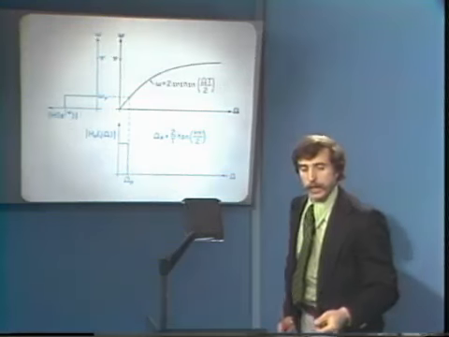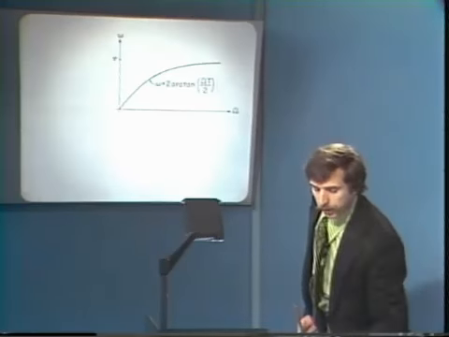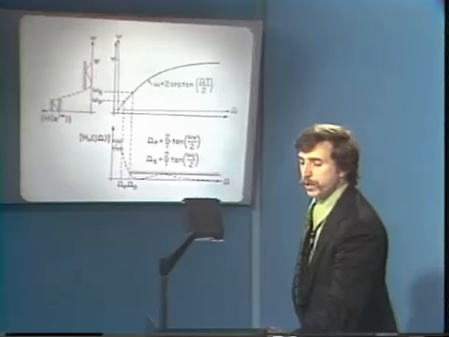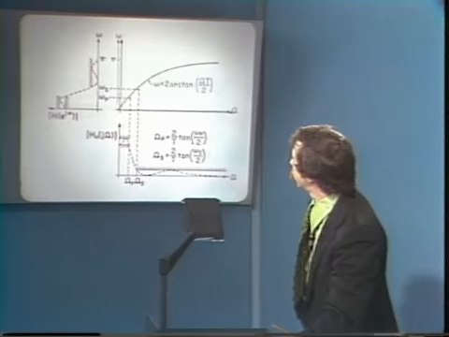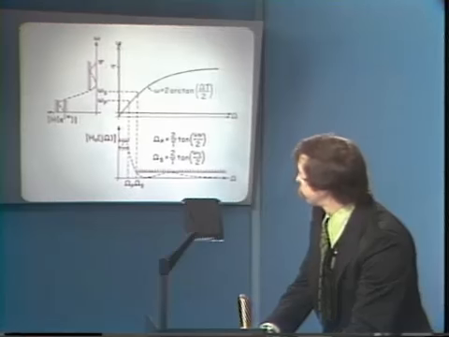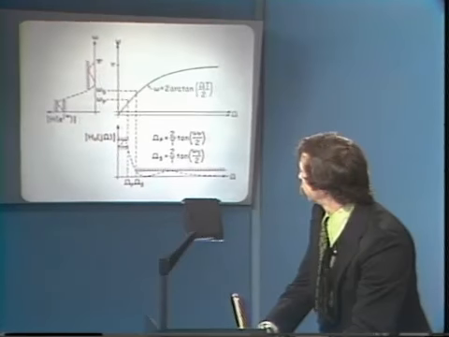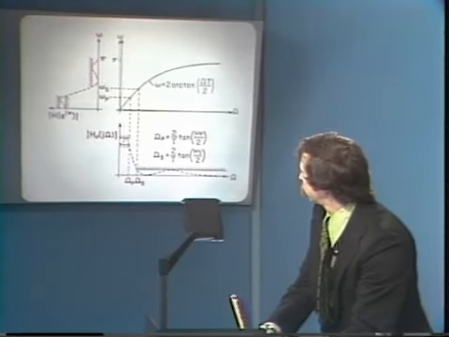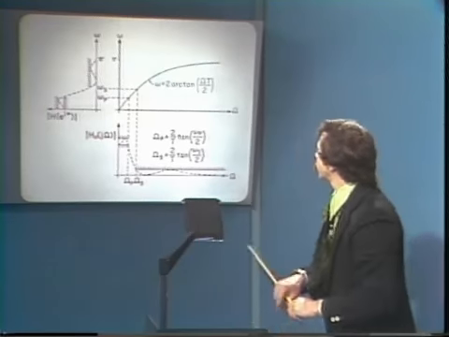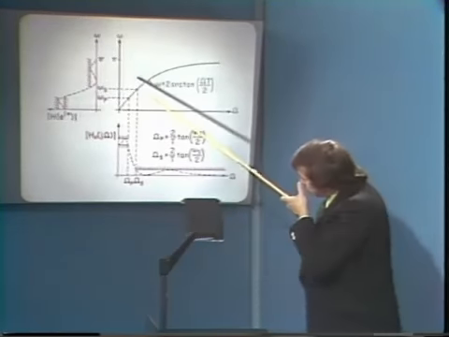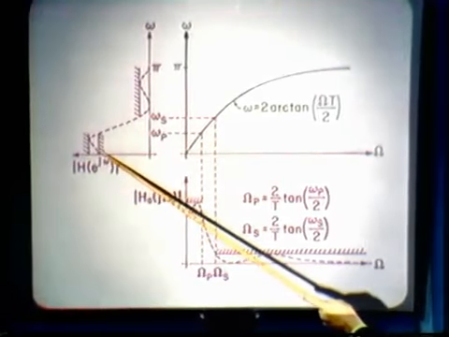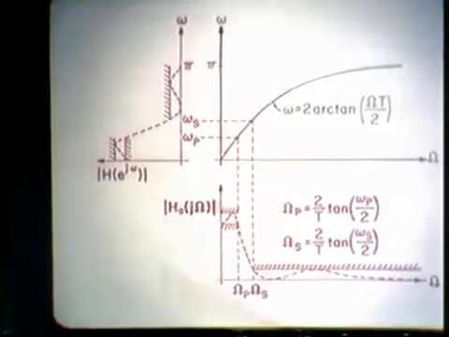And let me illustrate that by showing a more realistic kind of filter frequency response. All right, here we have what would be more typical of the digital filter that we would design and implement.